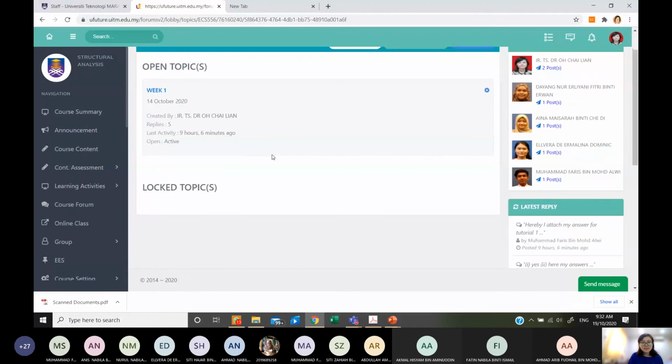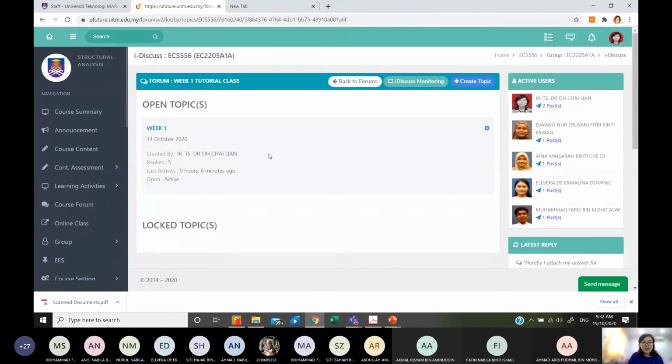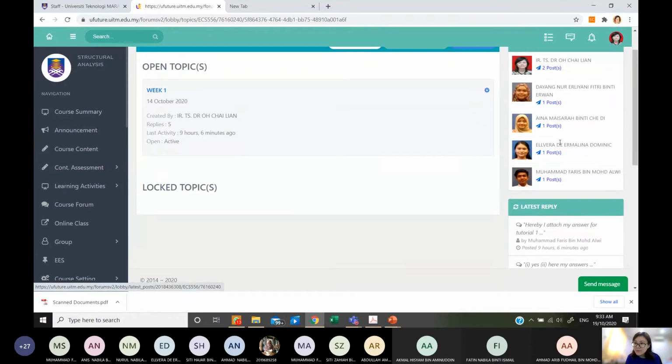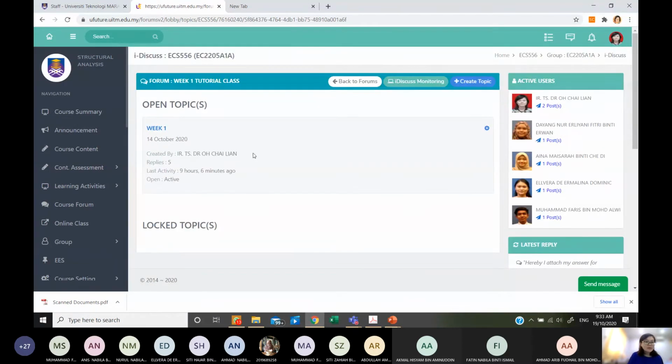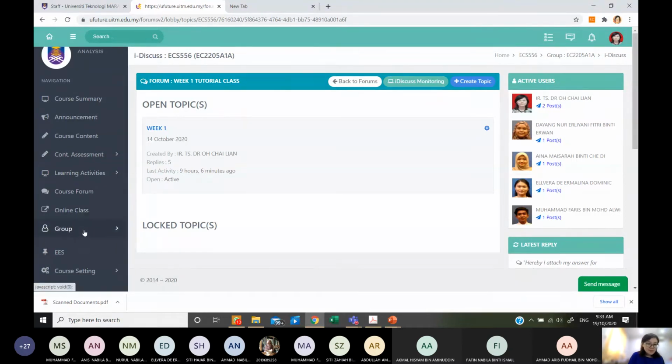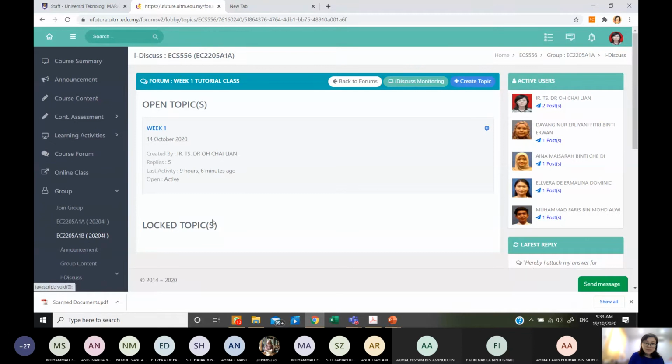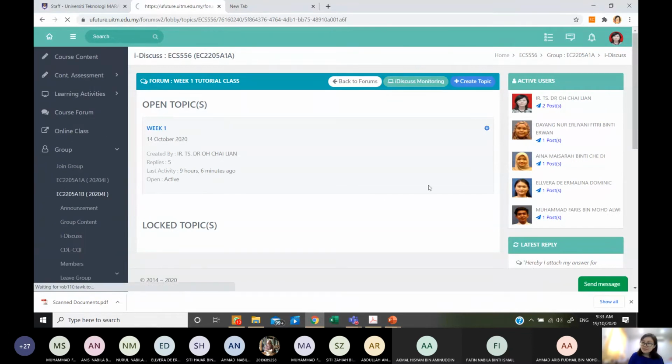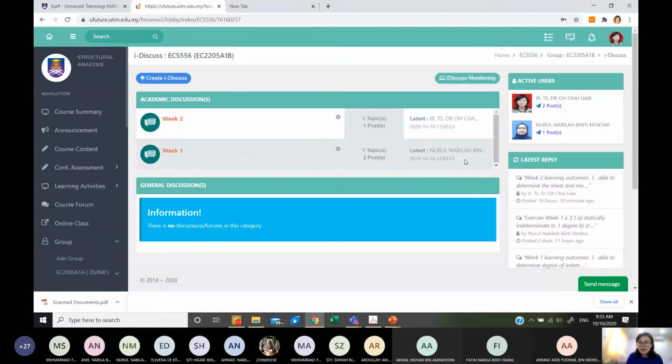Quickly, on your week 1 exercises, I found there are 5 posts: Dayang, Eliani, Aina, Elvira, Faris. They are very familiar faces. How about the rest? For 1B, we have 1 post, Nurul Nabila. How about the rest?